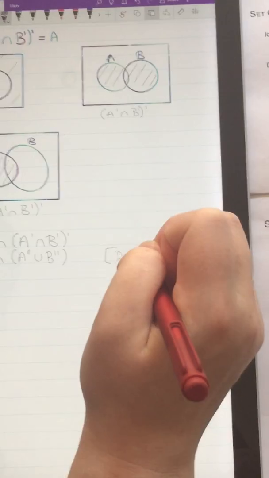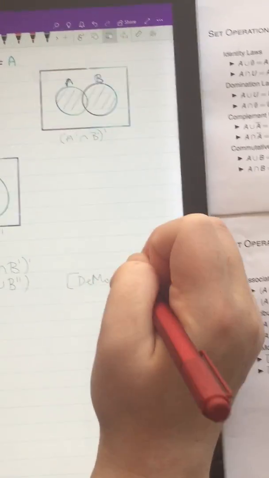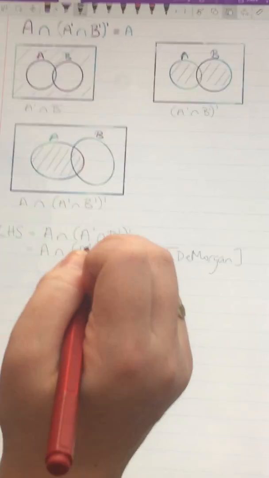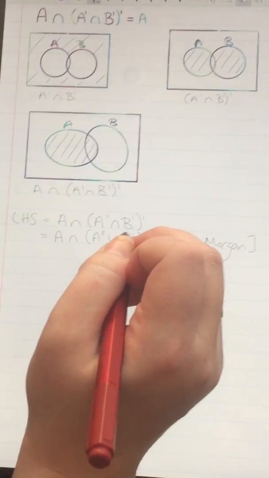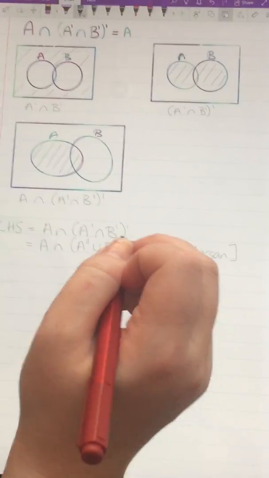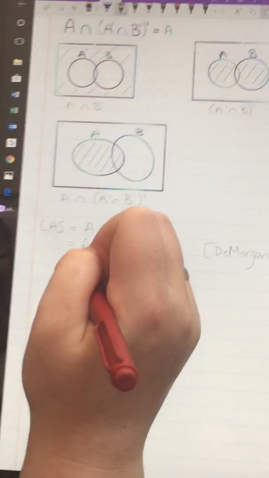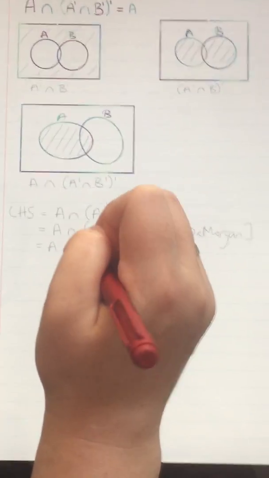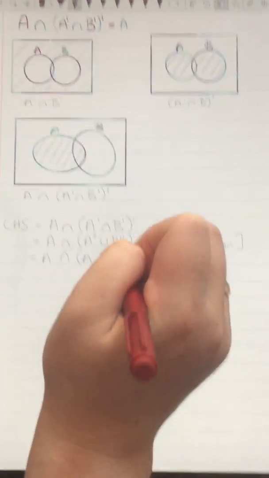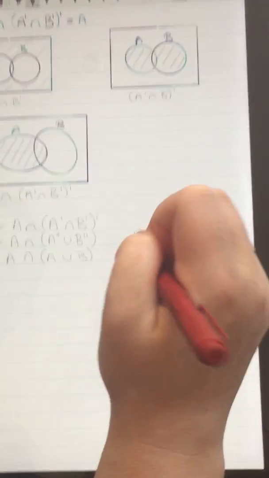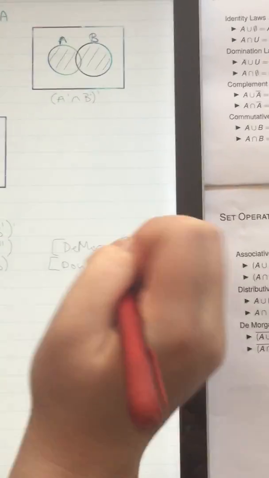That's De Morgan. Then not not something is saying as it is something, so they cancel each other out, and you have A union B, which is the double complement.